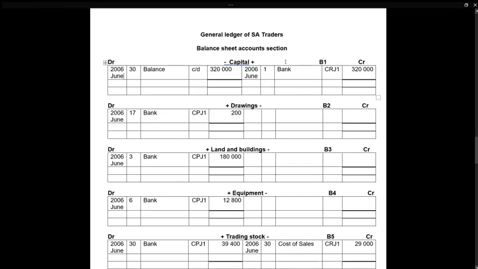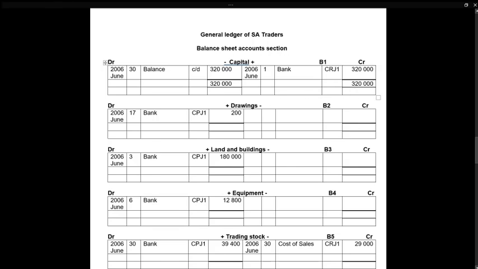Right, after calculating the difference between the debit and credit side, let's total both sides, and effectively what we are doing now, we are showing that the debit side equals the total of my credit side and that we've done our calculation correctly.